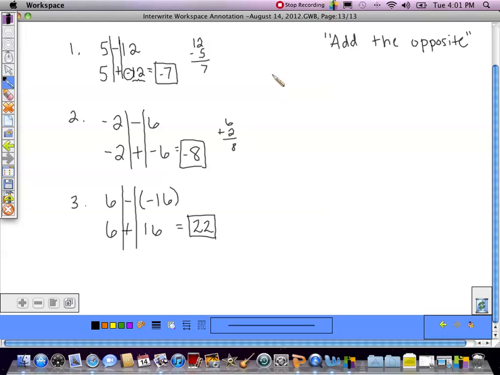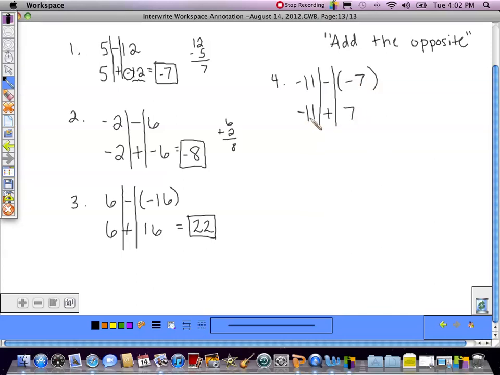Okay, for number 4, we've got negative 11 minus negative 7. All right, again, I'll draw my bars. I've got negative 11, so I'll keep that one the same. I'll change my subtraction to addition, and then the opposite of negative 7 is positive 7.